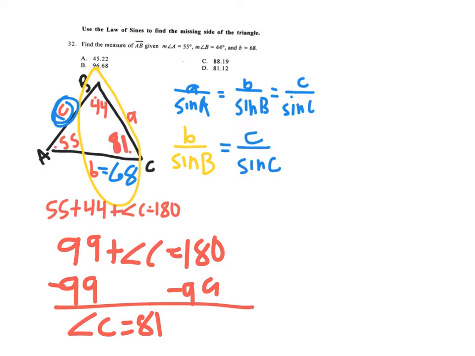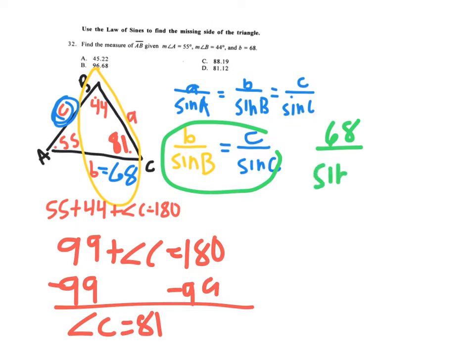And we're going to plug everything we know into this formula here. So I know that little b is 68 divided by the sine of big B, which is 44. And all of that equals little c, which is what we're looking for, divided by the sine of big C, which is 81. We're going to solve this equation by cross-multiplying and solving for c.